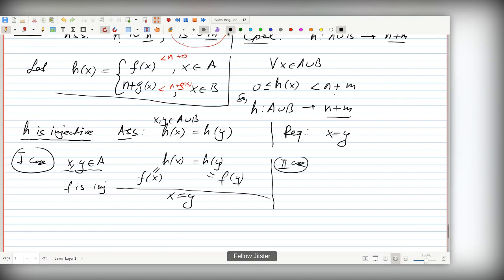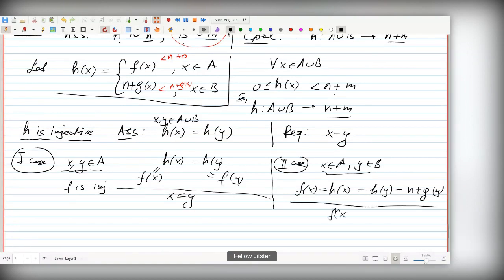The second case is when x belongs to A and y belongs to B. What should we do then? Then h of x is just f of x, while h of y is n plus g of y.